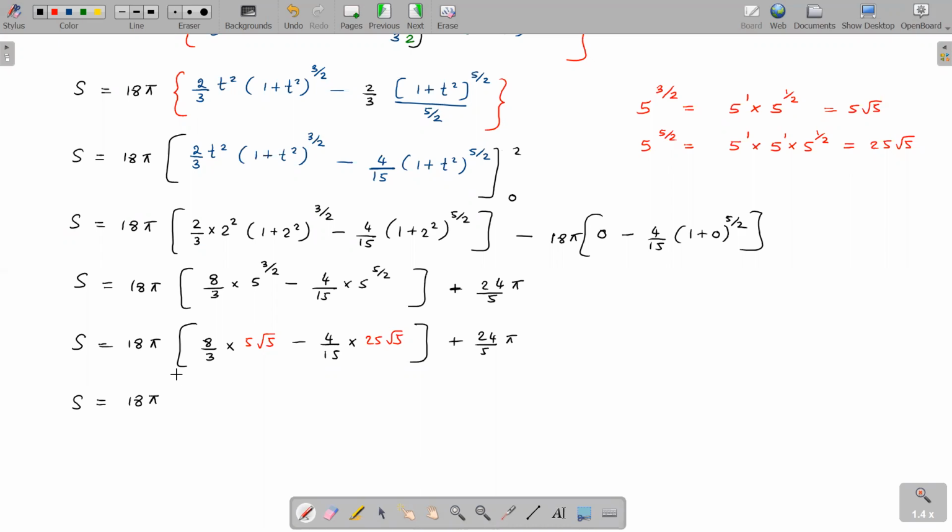Inside the bracket? 20 over 3, root 5, plus 24 over 5 pi. Okay, so then let's take the common thing out. Let's simplify.